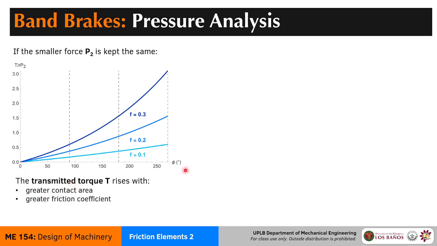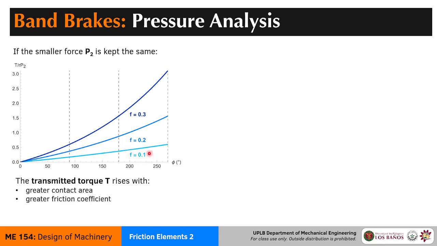So we have this graph, we have a normalized torque here, and then we have an increasing contact angle. What you notice here is that regardless of the friction factor, if you increase the contact area, you can transmit much more torque, essentially. The more of the belt that you can wrap around the drum, the higher that braking torque you can exert.